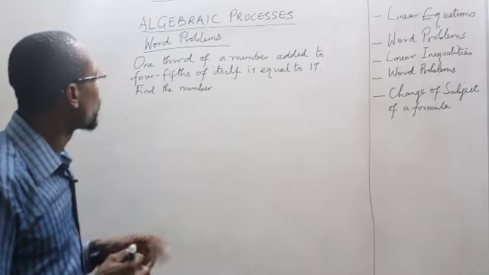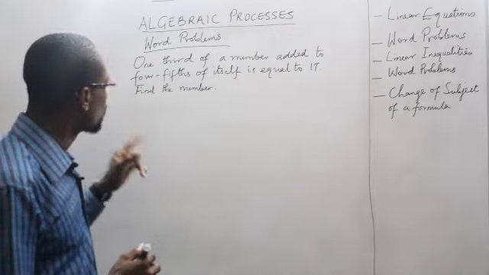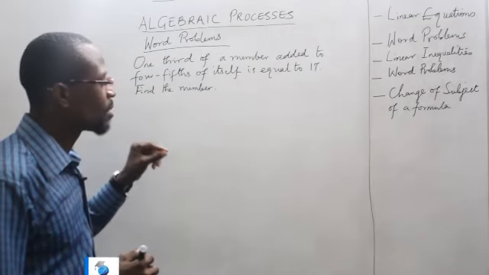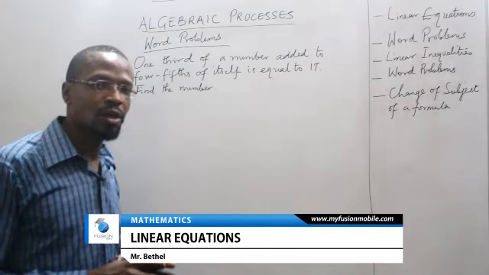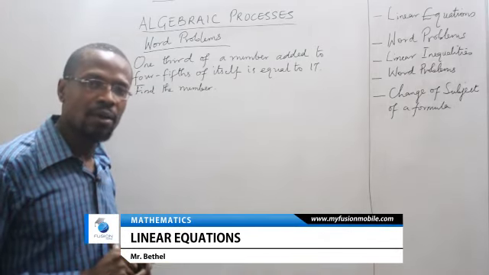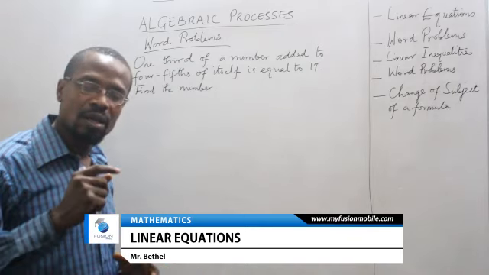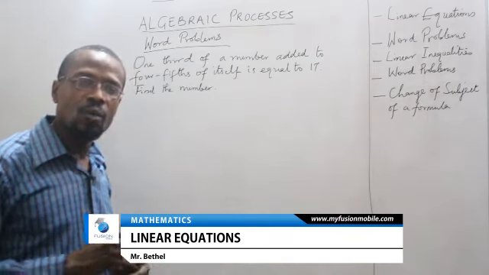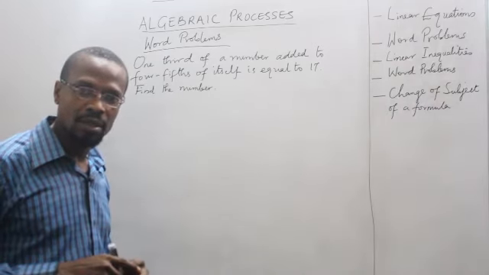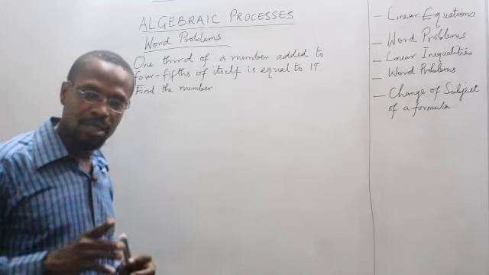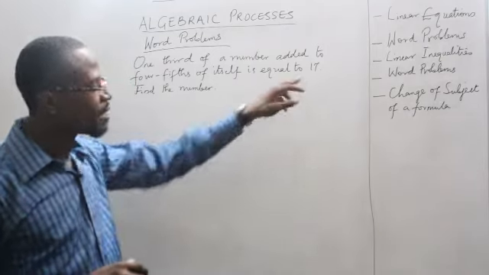Now the question says 1/3 of a number added to 4/5 of itself is equal to 17. Find the number. 1/3 of a number, we don't know the number, but we are told that 1/3 of that number, when we add it to 4/5 of that same number, the result is what? 17.